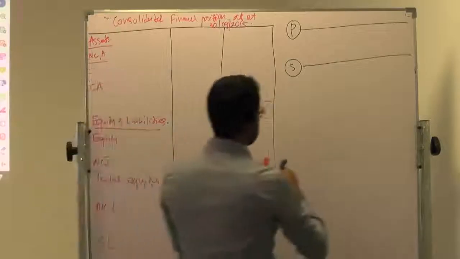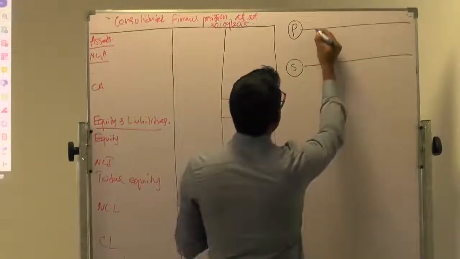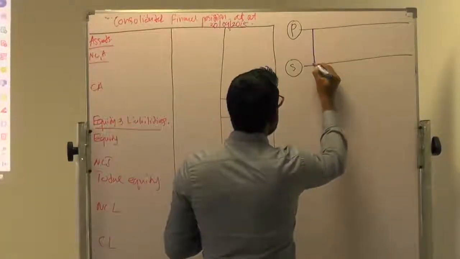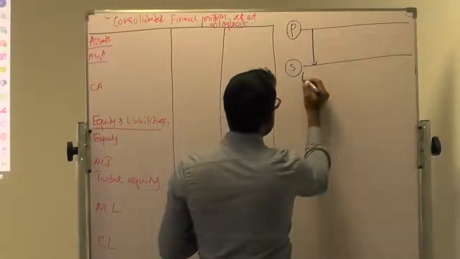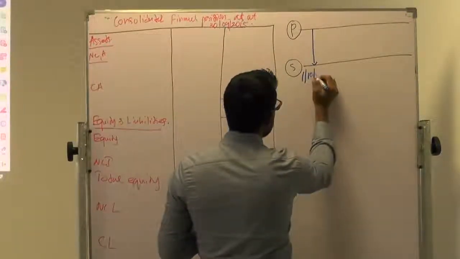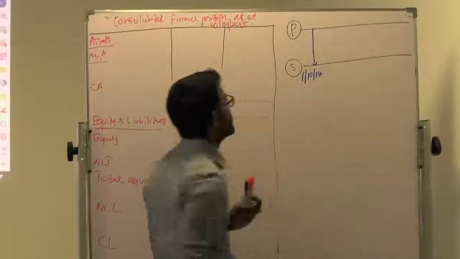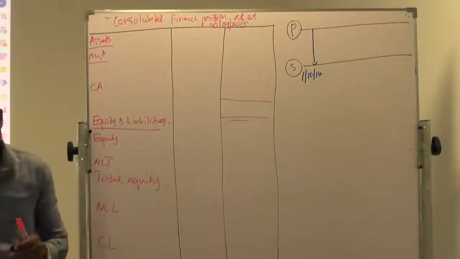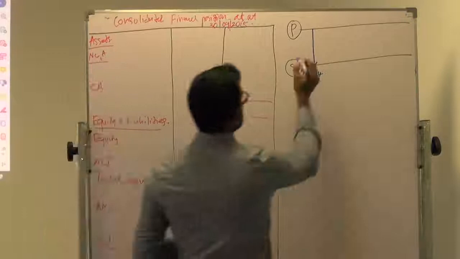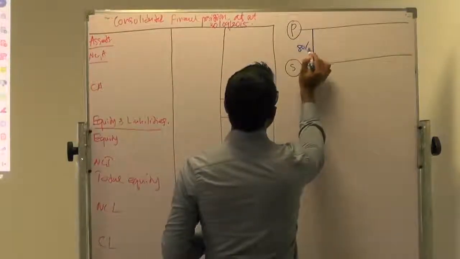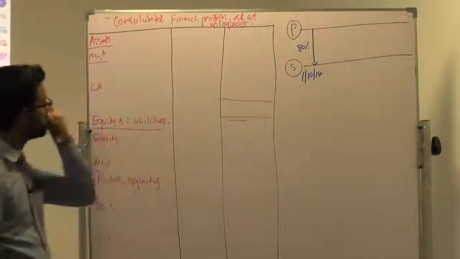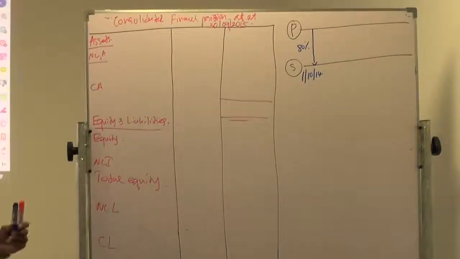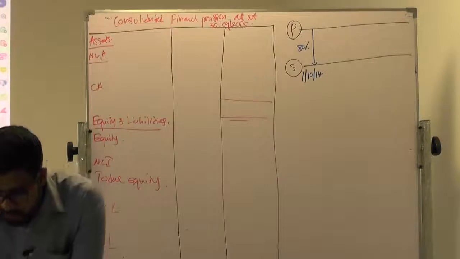Right. Step by step, very important. On this day, the acquisition date, what is the percentage of acquisition? 80%. Summary, a visual, very simple for you to understand. 80%. What are they talking about further?